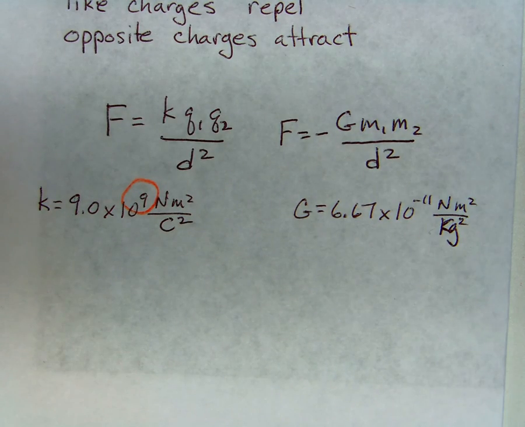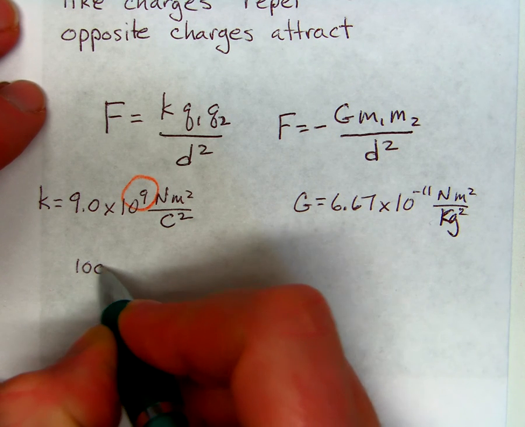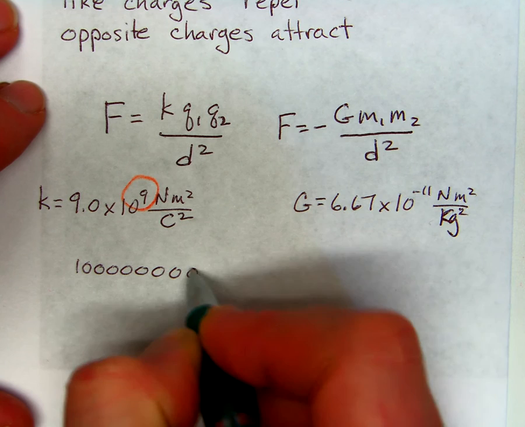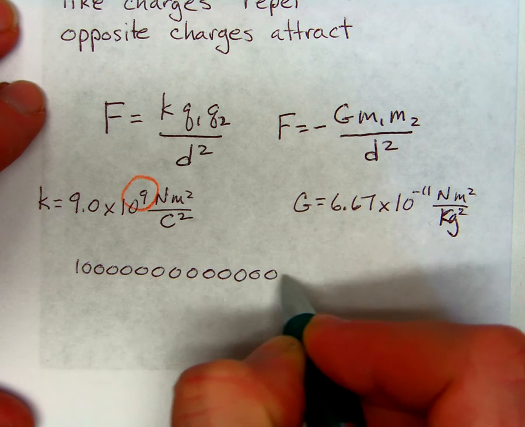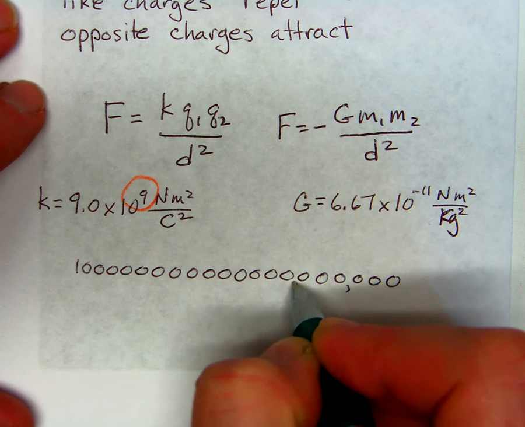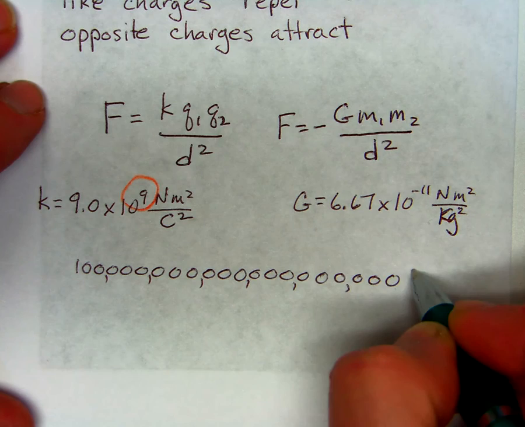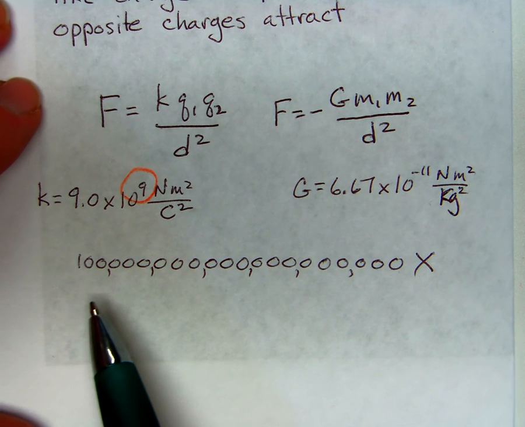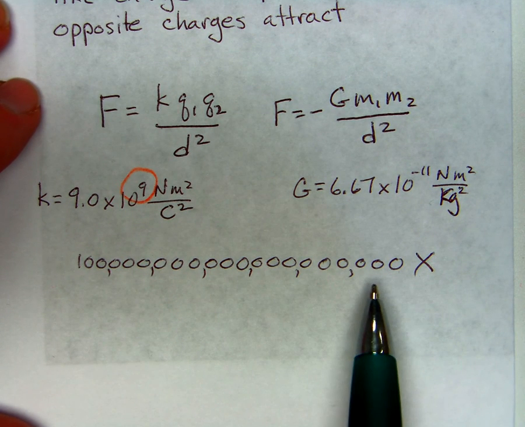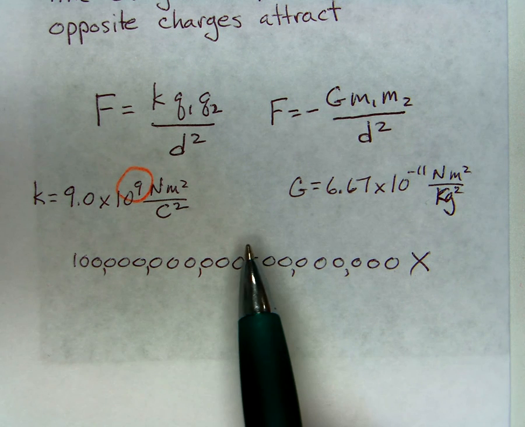This is a factor of 10 to the 20th difference. If I was to write that out, our electrostatic force is this much times bigger than our gravitational force.